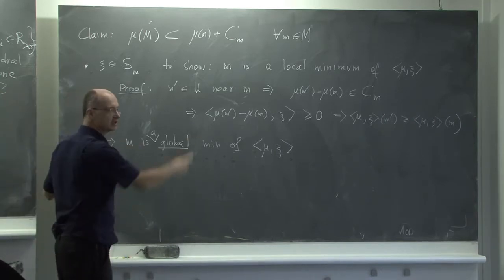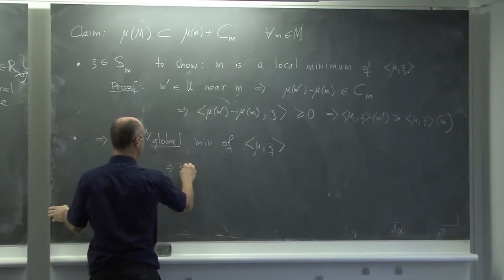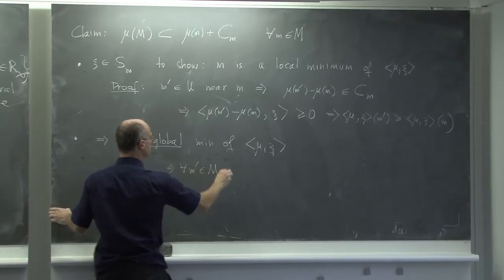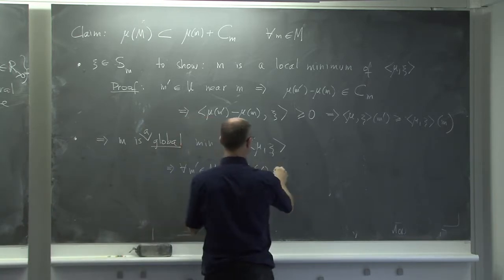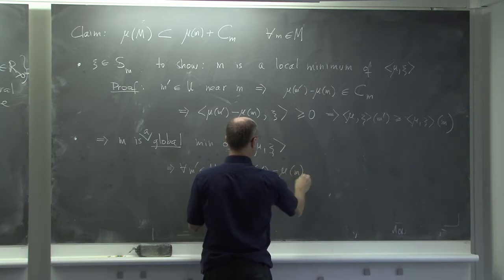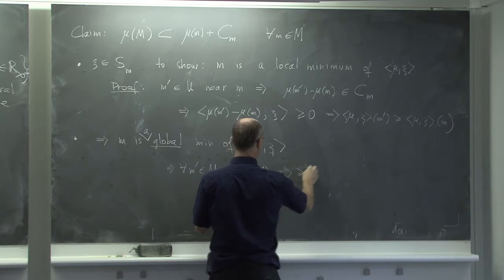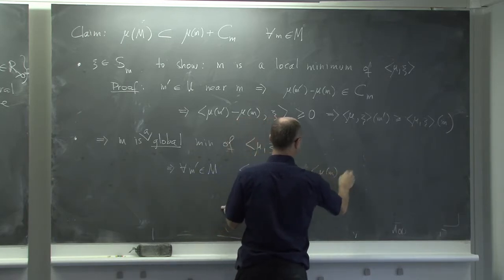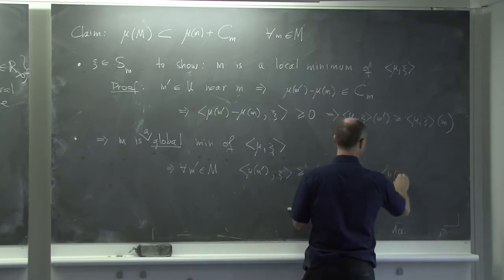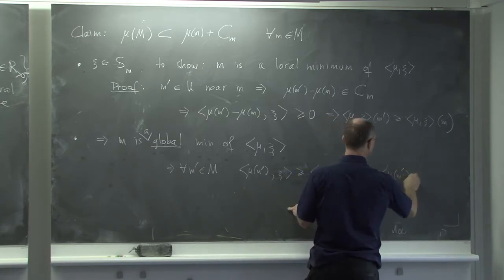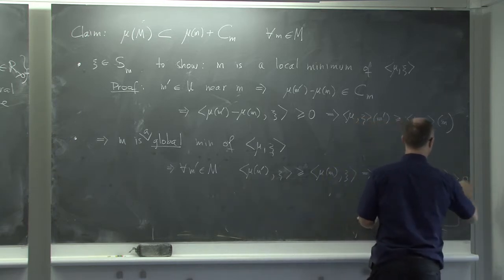Well, what does it mean that m is a global minimum of mu psi? This means that for any m prime in M, the duality of mu of m prime with psi is greater or equal than the duality of mu of m with psi, and this means, of course, that mu of m prime minus mu of m with psi is greater or equal to 0.